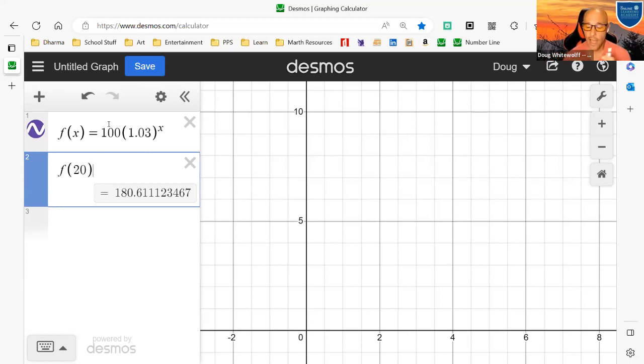What do you think would happen if I changed this to 1.08? So instead of 3%, I were getting 8% interest. Will it double the amount of money? So it'll be 360 instead of 180? It won't double. What will it do?